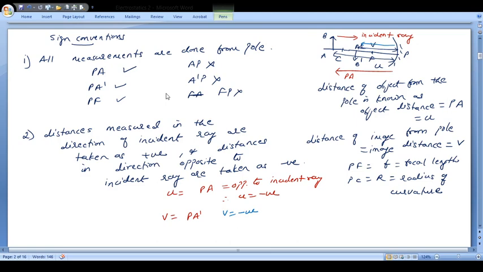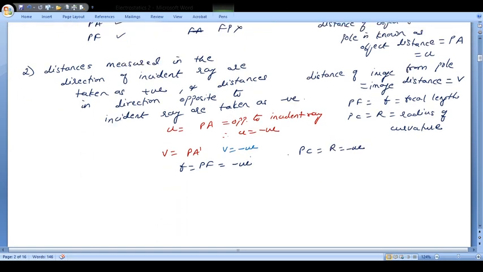If you say focal length, F is equal to PF. Again you will find that focal length here is going to be negative because it is in the direction opposite. And what will be PC? That is radius of curvature R, so R also will be negative. So in this case everything is going to be negative.